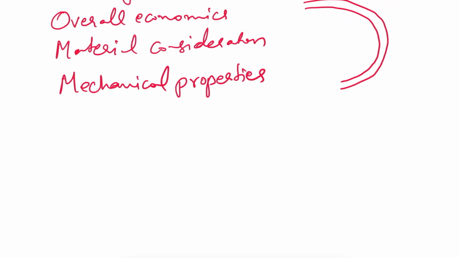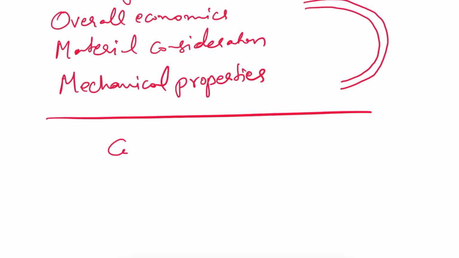Now material considerations. Let us see what the material considerations are. Primarily we have two contenders based on the conductivity and cost, etc. One is copper, another is aluminum.